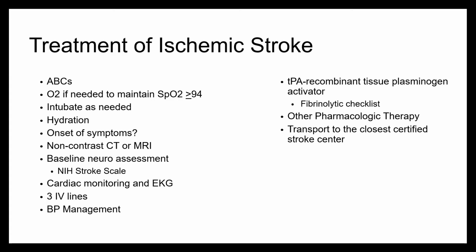Another recommendation in the treatment of the ischemic stroke is that the patient is treated at a stroke center. So if they're not being seen at a stroke certified facility, they should be transferred to the nearest certified stroke center as soon as possible.